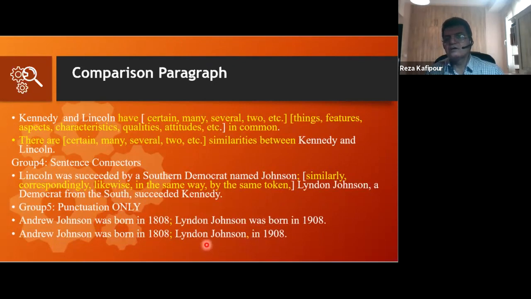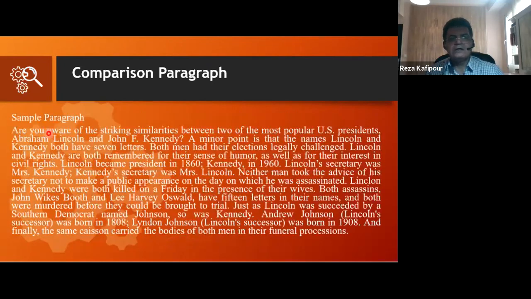Both structures are academically correct, and academically used in articles or manuscripts prepared to be published in a journal. So let's see a sample paragraph based on the structure and the concept we worked on.